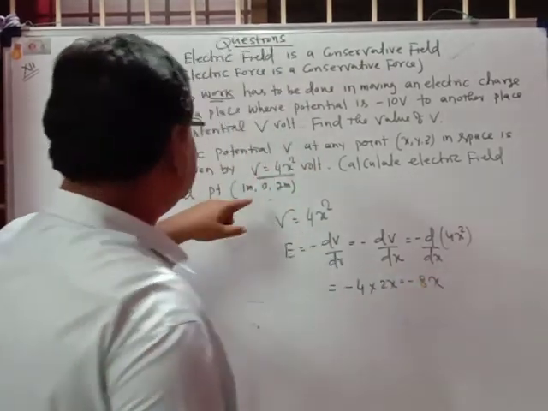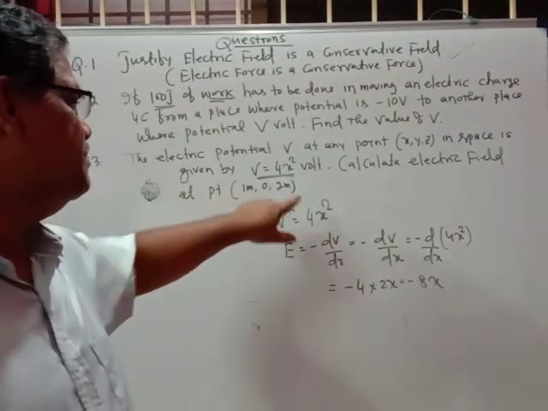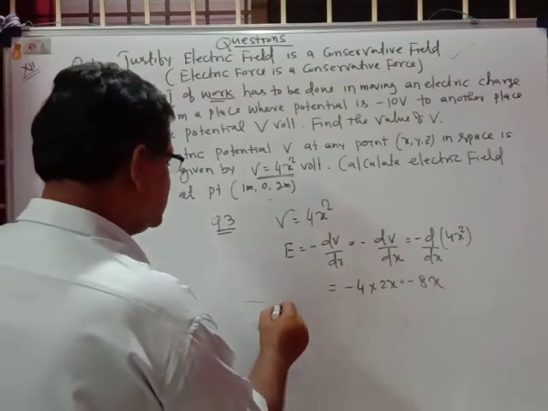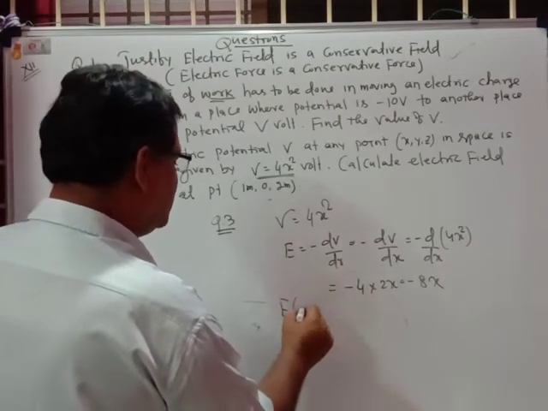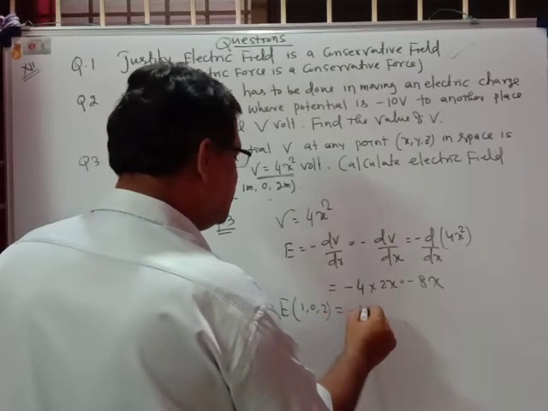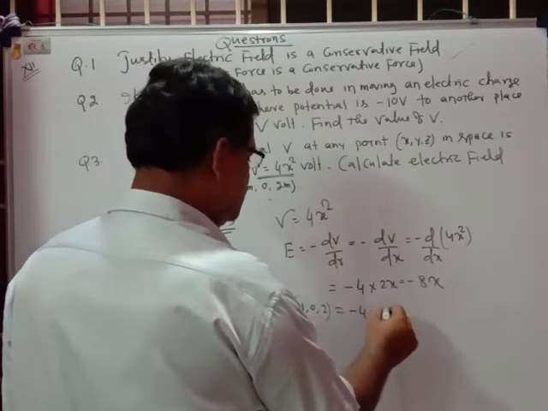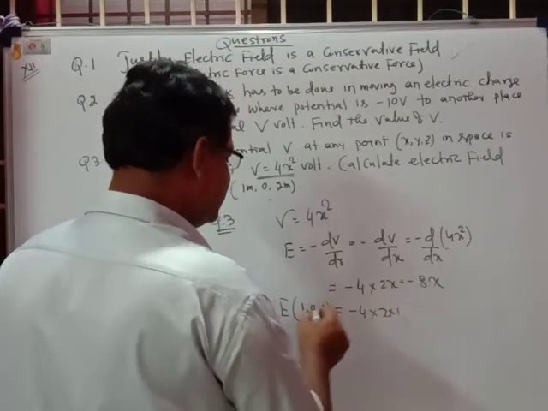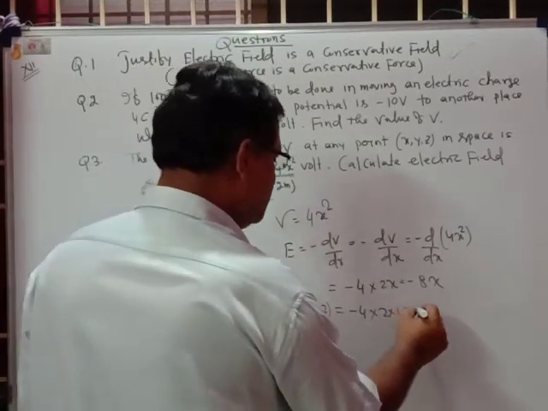The question asks for the intensity at the point 1 meter, 0, 2 meter. So that is minus 4 into 2 into 1, because x equal to 1 here, which is equal to minus 8.